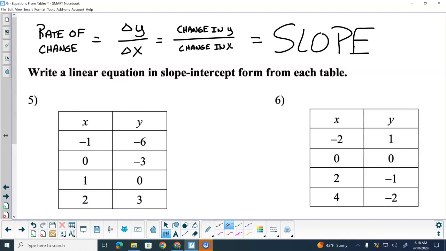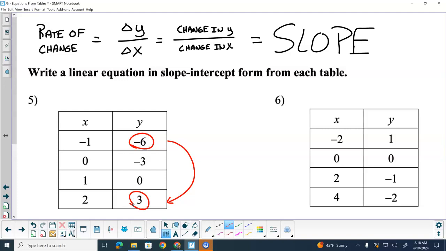So we're going to find the rate of change here by looking at those two. What is the change from -6 to +3? Kiana, if I'm going to go from -6 to +3, what's my change?